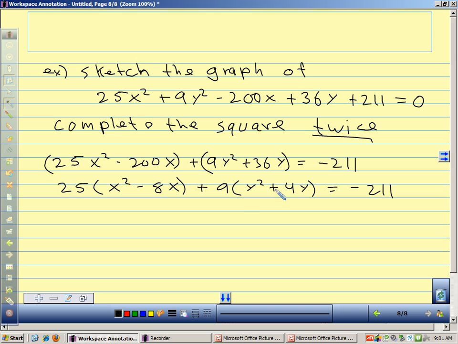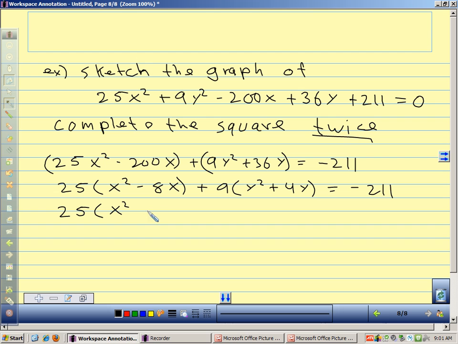And we have to be very careful when we do this, because this first parentheses is being multiplied by 25, the second parentheses being multiplied by 9. So when we complete the square on this first one, I'm going to say this is 25 times x squared, and we're going to add b over 2 squared. So b is negative 8, divided by 2 is 4.